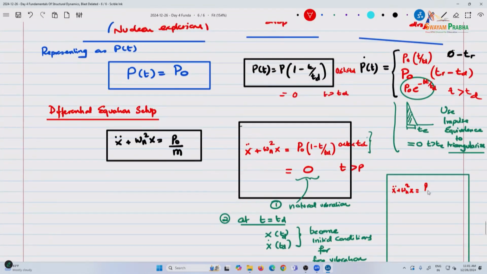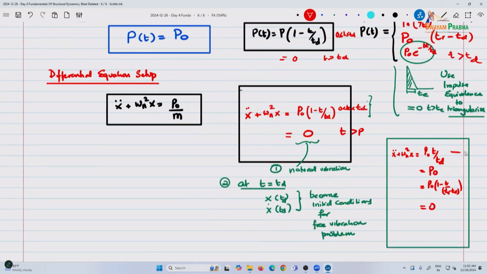P naught t by td, P naught times 1 minus t by (TE minus TD), I think, equal to 0.